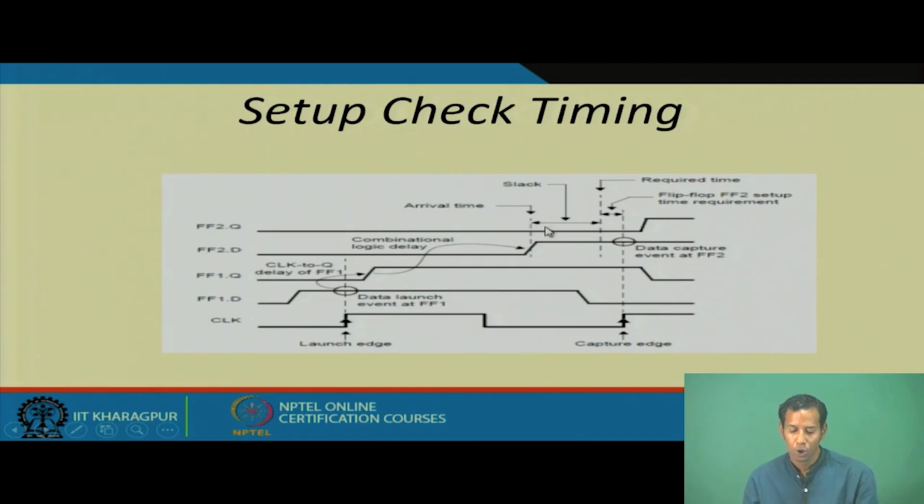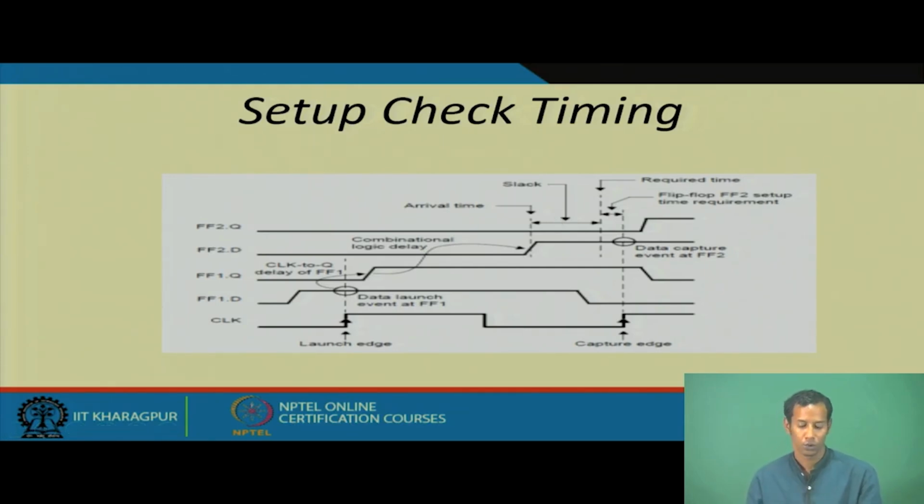Then this is the actual arrival time and this is the required time of the data. The slack is the required time minus the actual arrival time; if it is positive, then I can say that the design will work perfectly fine.